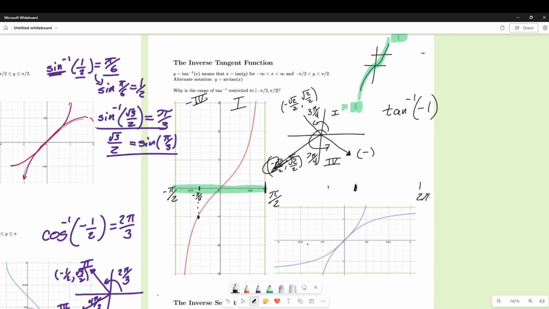So for the inverse function, if you zoom in on this and you go to a negative 1, I can't even see that. Where's negative 1 and 3 pi over 4? That's why I don't like graphing on the same axes. They've got to be flipped. But either way, we have to use the one that's within that range, so we have this yield the negative pi over 4.